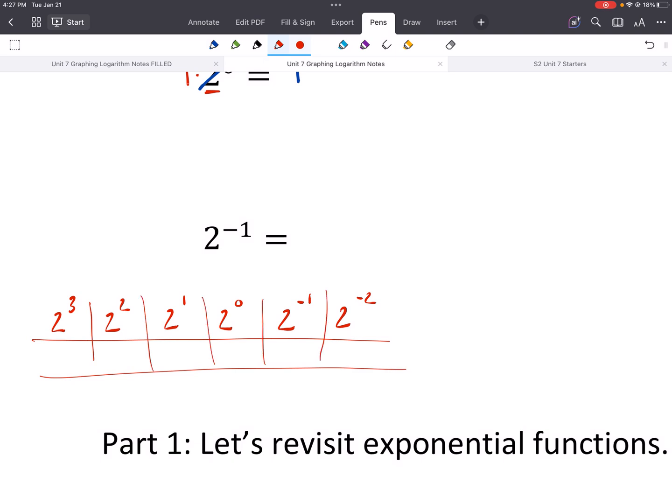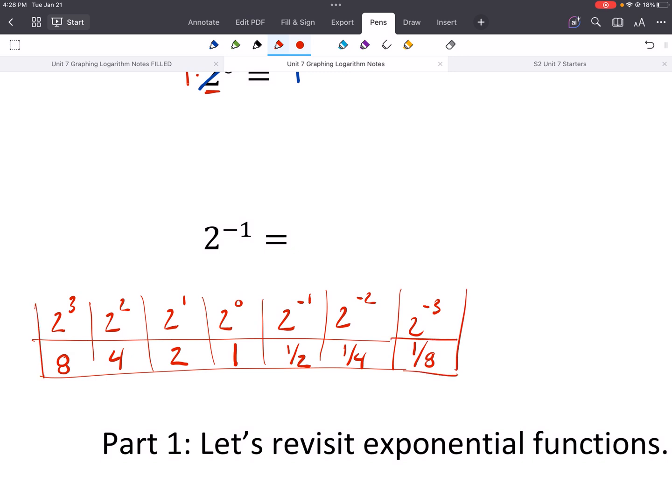And here we ended up getting 8, and then 4, and then 2, 1. And what's happening here is it is getting half as big, okay? So that means the pattern, if we keep going, this would have to be 1/2, right? Half of 1 is a half. Half of a half would be 1/4, okay? And if we continue, 2 to the negative 3 would be 1/8.